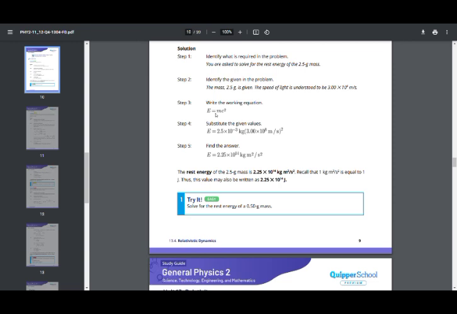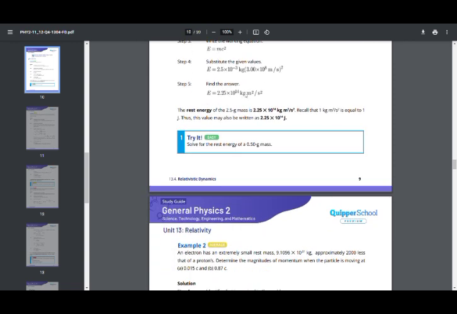If you got it, the answer should be E is equal to 2.25 times 10 raised to the power of 14 kilograms meter squared per second squared, since that is the rest energy of 2.5 grams.